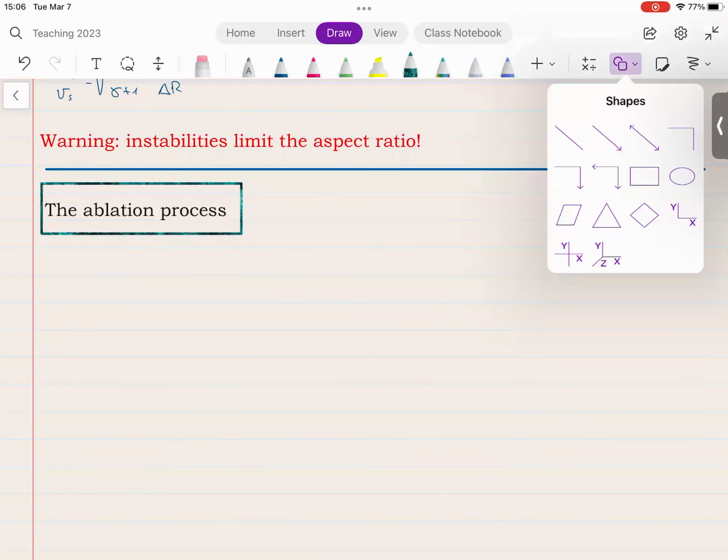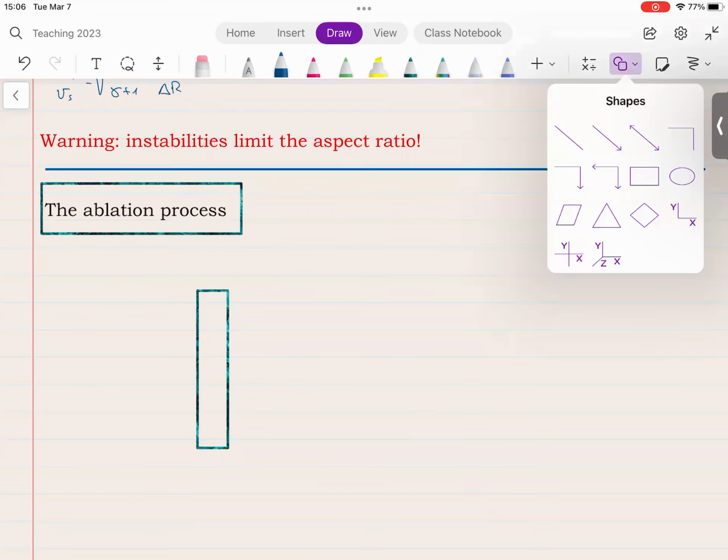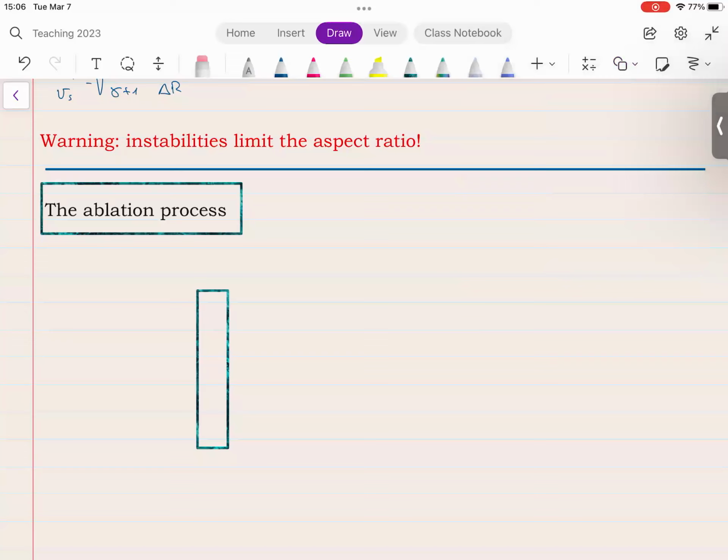Let me redo this drawing for the foil. Our material comes out this way with velocity v sub a, which stands for ablation velocity.